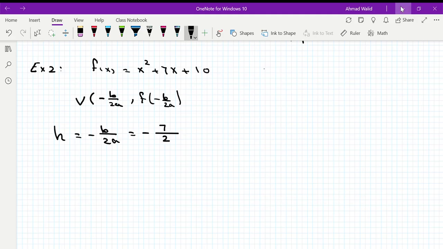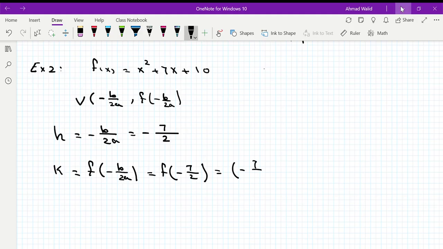Correct? Now, k equals f of negative b over what? 2a. It means f of negative 7 over 2. It means plug in negative 7 over 2 in your function. It means negative 7 over 2 squared plus 7 times negative 7 over 2 plus 10.